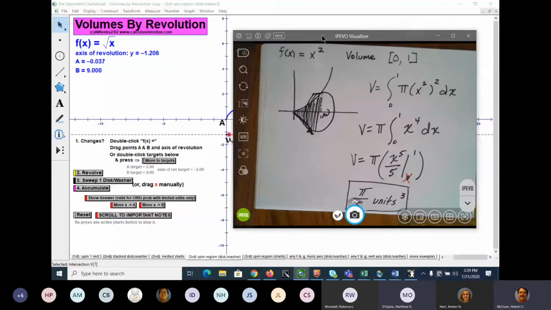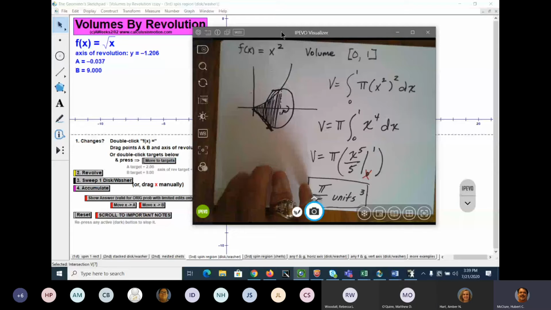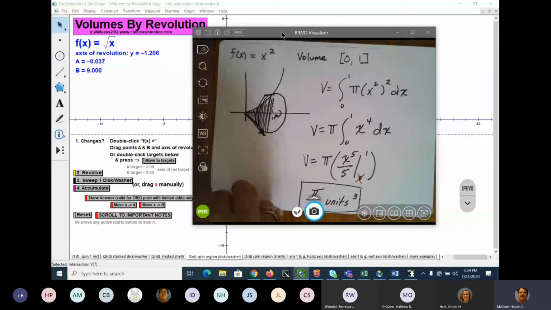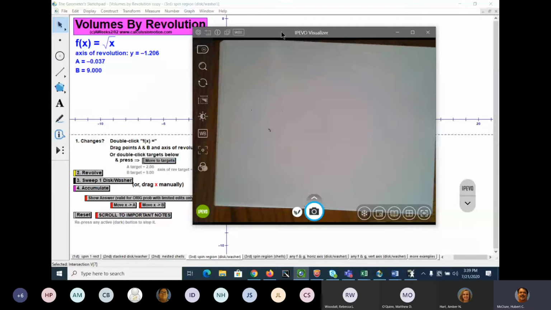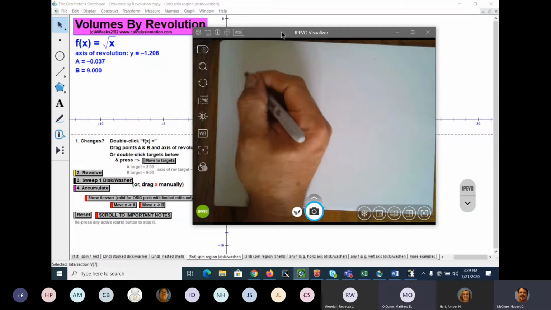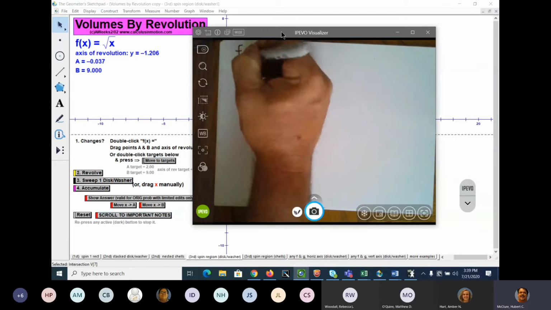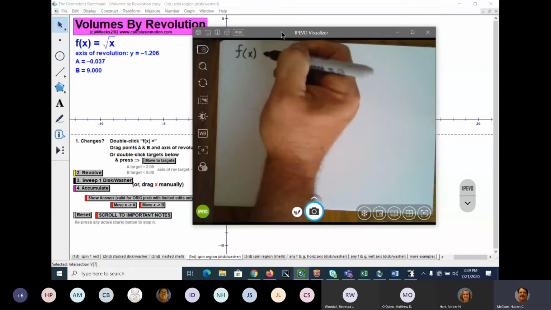So let's do another one. Now let's do x squared plus 3. And again, I'm not trying to make them difficult. I'm just trying to get you to crawl before you walk.